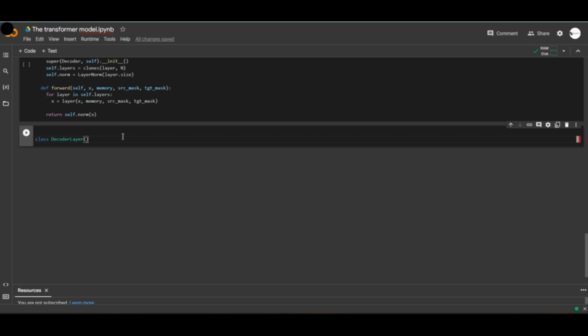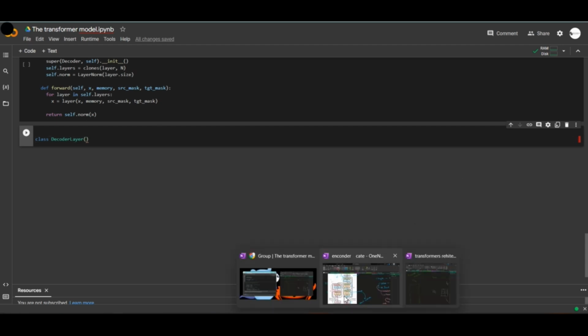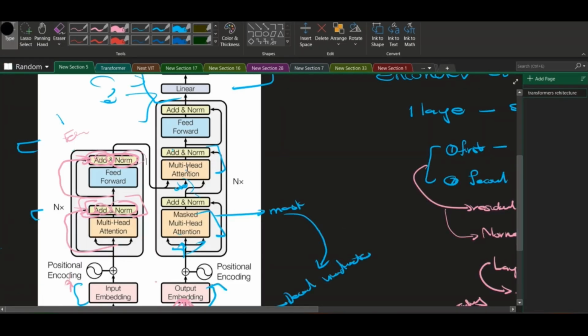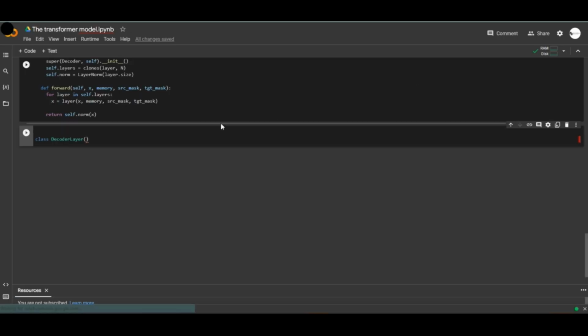If we look at the architecture, we have this first masked multi-head attention, then we have another multi-head attention which takes the output of the encoder, then we have this feedforward. So we have these three sub layers within a layer. Don't worry, you're going to see this as I'm coding through.